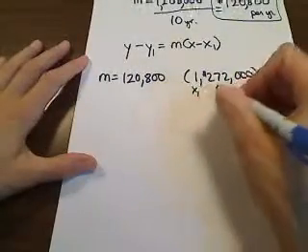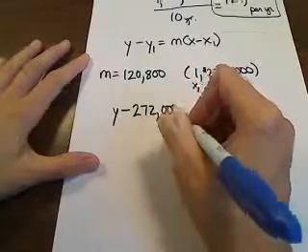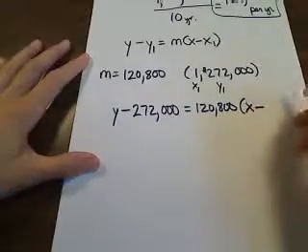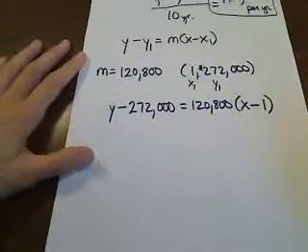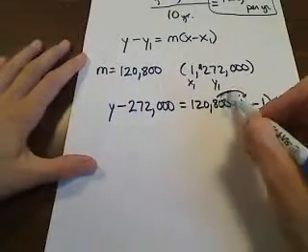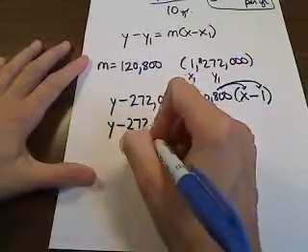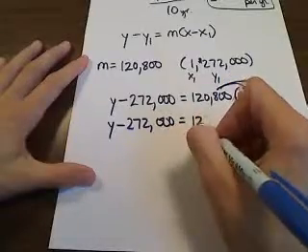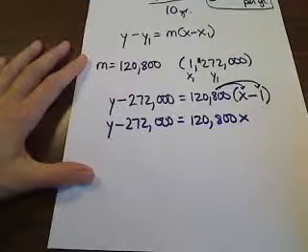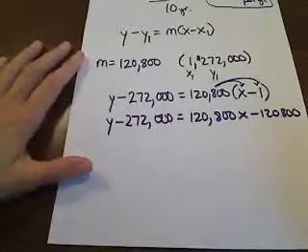If we plug those in, we get y minus y1 equaling our slope times x minus x1, which is just 1. We want to solve this for y, so I'm going to distribute the 120,800. It looks like y minus 272,000 equaling 120,800x, and then minus 120,800 when I multiply that by the 1.